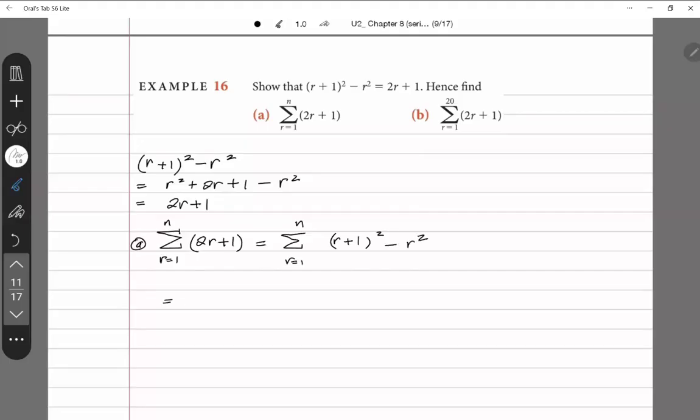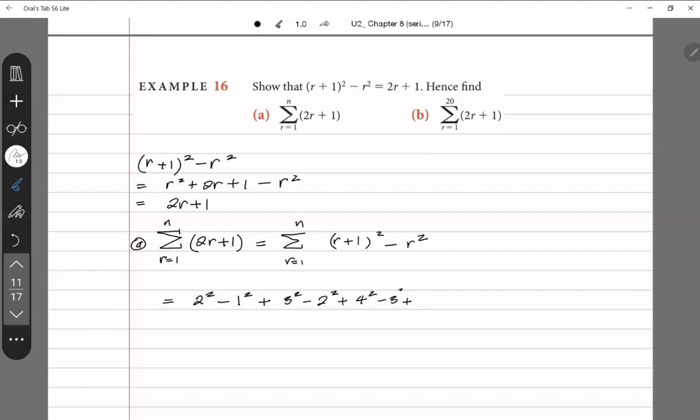So let's write some of the terms. The first term is when r is 1, so that becomes 2 squared minus 1 squared. The second term, when r is 2, is 3 squared minus 2 squared. Then the third term would be 4 squared minus 3 squared.